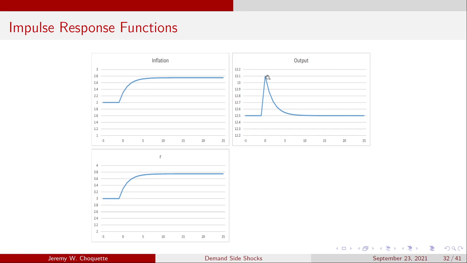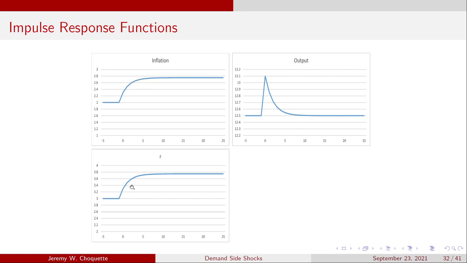Now, as the short run aggregate supply curve shifts in more and more, output begins to fall more and more. We have the short run aggregate supply curve shifting along that downward sloping aggregate demand curve. So as it shifts in and output falls, inflation is going to continue to go up.